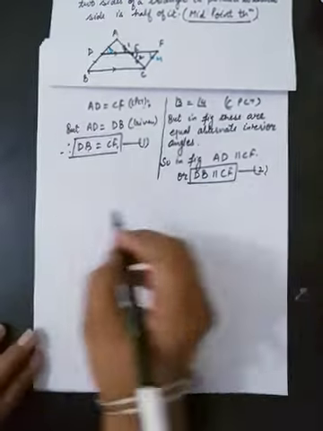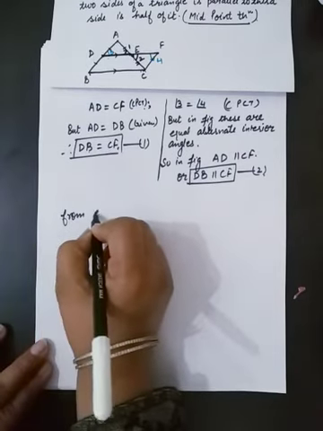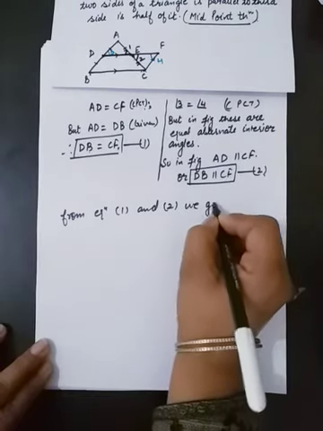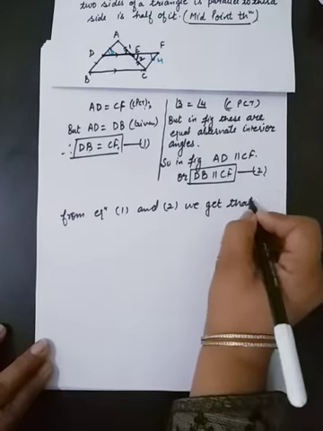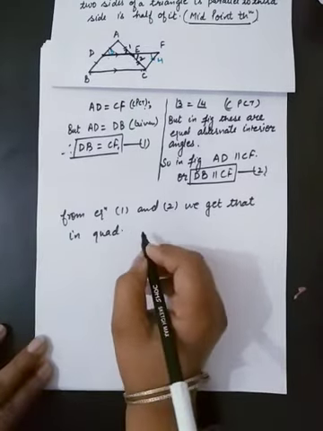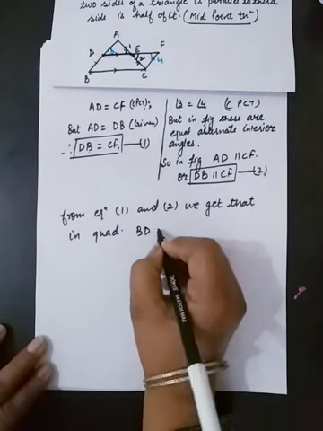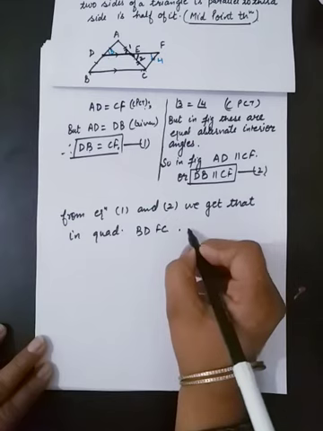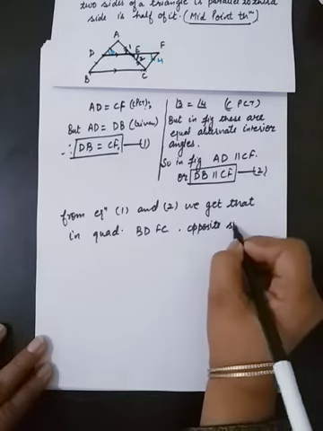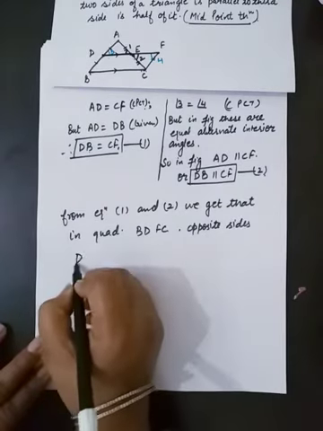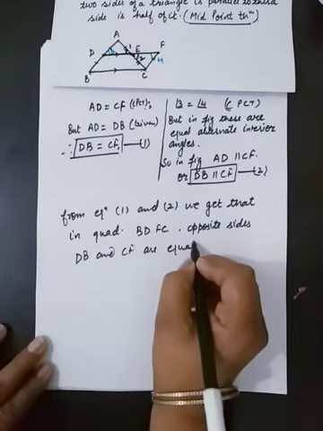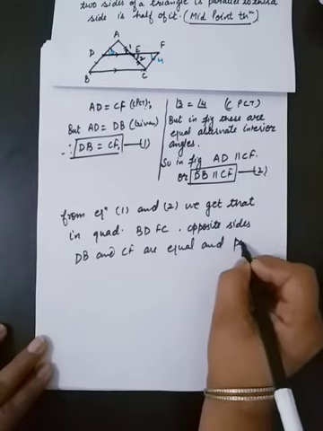Here we see that from equations 1 and 2, in quadrilateral BDFC, opposite sides DB and CF are equal and parallel.